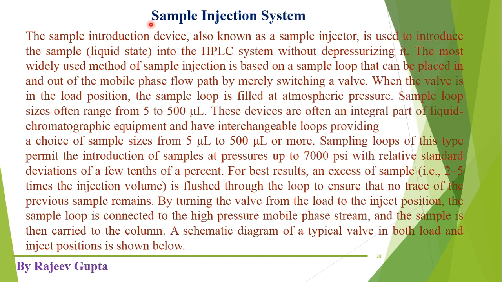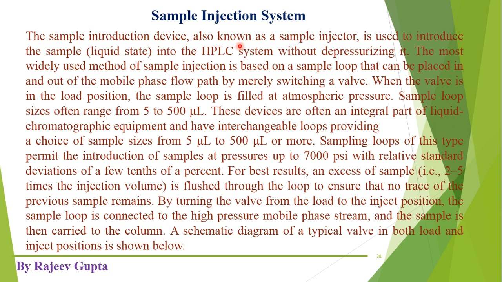Sample injection system is a device where we introduce or inject our sample using an injection or syringe. In this syringe we generally use liquid samples, in which our solid or liquid sample is dissolved in a mobile phase or in a solvent which has the same composition as the mobile phase, and then we inject this into the sample injection port.